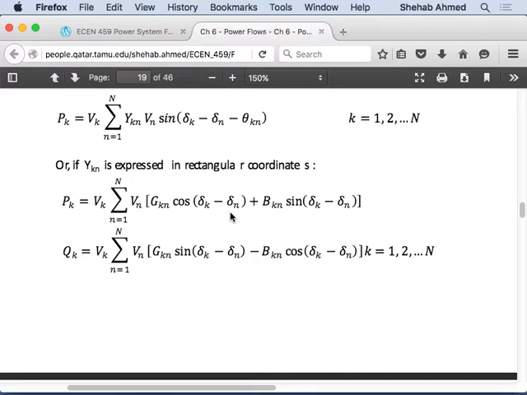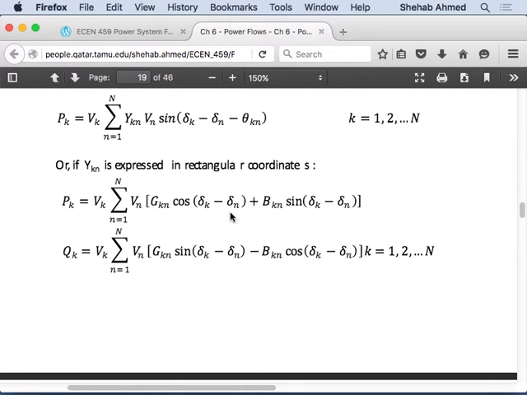Right? So if we are going to have a reference bus that has an angle of 0, then I can use the absolute angles at the other buses. If I'm going to measure the voltage angle with respect to a bus having an angle of 0, then every angle at a specific bus is sort of an absolute value as well.